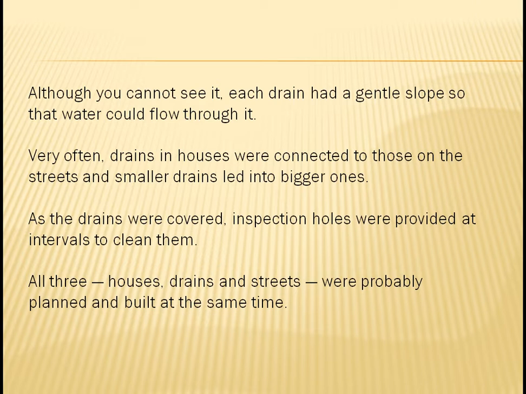So there was a very powerful and strong unique planning system for the drainage. As the drains were covered, inspection holes were provided at intervals to clean them. All three, houses, drains and streets, were probably planned and built at the same time. So they were also planning very properly and making their drainage system absolutely fine.